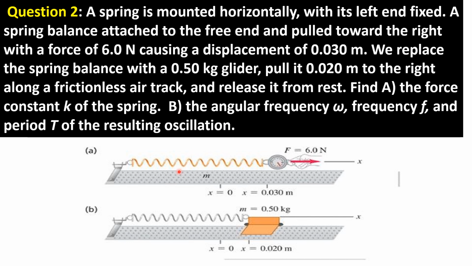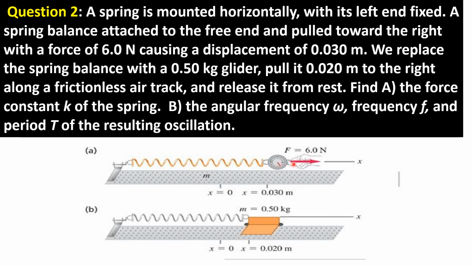So as shown in our diagram, we have here the spring with its left end fixed. It is mounted horizontally. The right end is attached to a spring balance that registers how much force is being exerted on the spring.